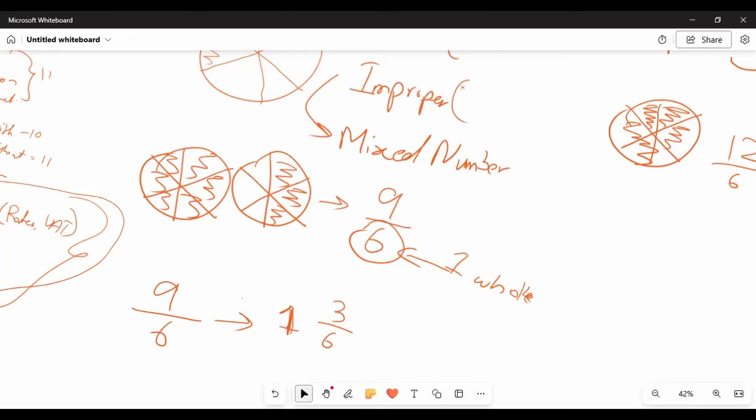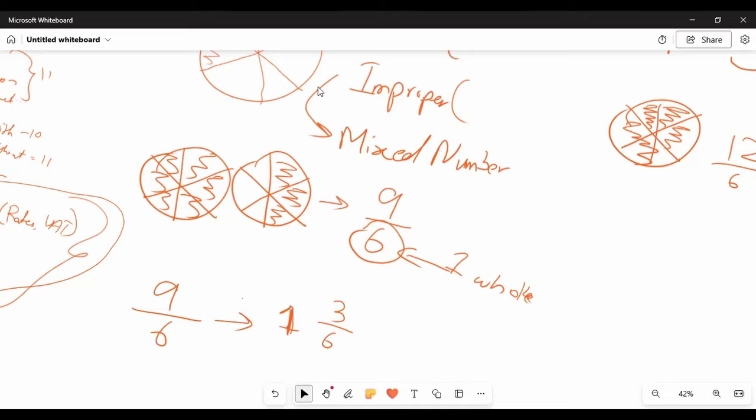Are you all clear with this? So simply, mixed numbers means taking out the number of wholes we have from an improper fraction and writing the remaining as a proper one. Got it? Clear with this, everyone?